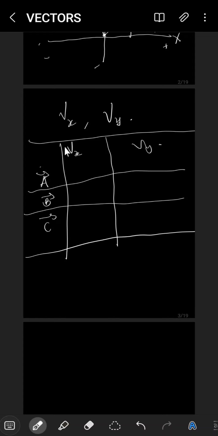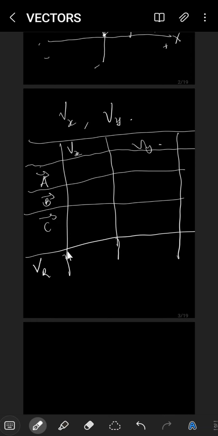Vector A has its individual vector component x and component y. We'll add all the vector components x of A, B, C to get the total sum of component x, and do the same for y, to give us a resultant vector component x and component y. Making a table makes it easier that way.